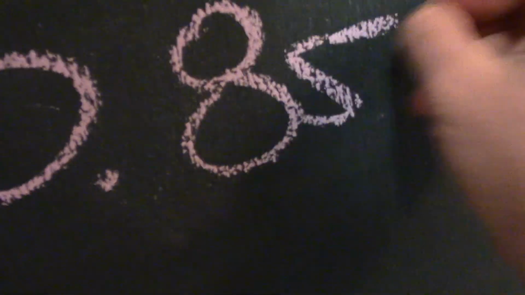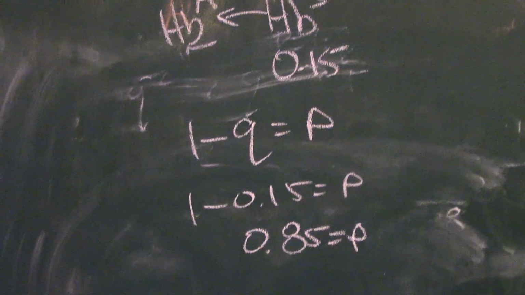All it is, 1 minus Q equals P. So 1 minus 0.15 equals P, so 0.85 equals P. And that is it. So a fairly simple question, so B is my answer.